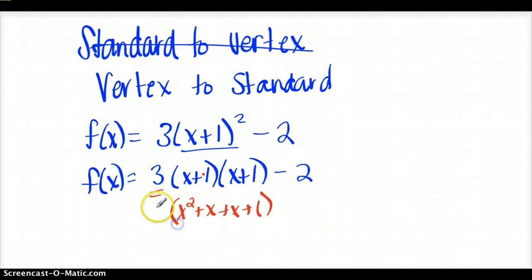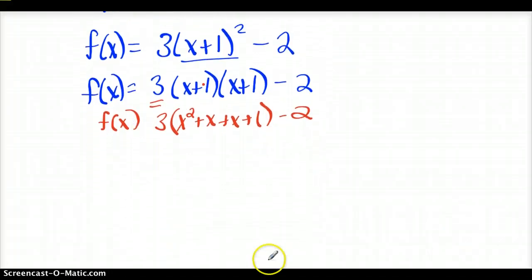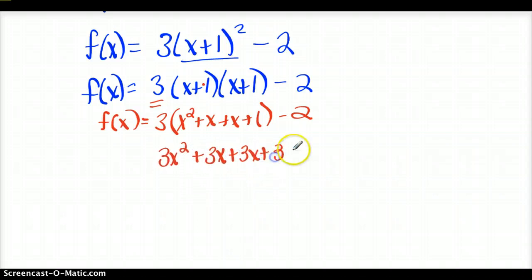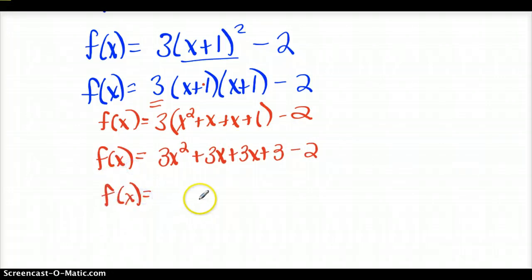That needs to go into parentheses because the 3 still needs to go through that. Okay? So now since I have that, I'm going to distribute the 3 through. And now the parentheses are gone because I distributed it through. So there's that. Now put things together.